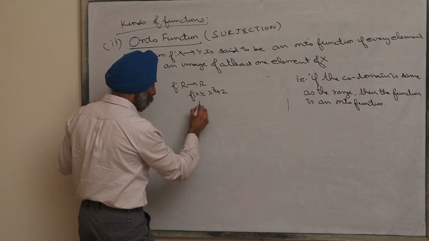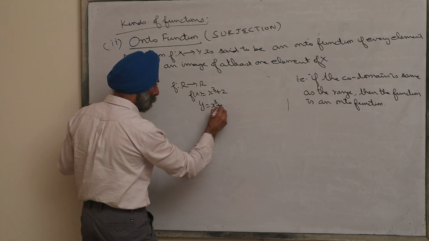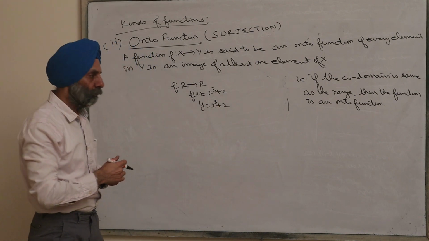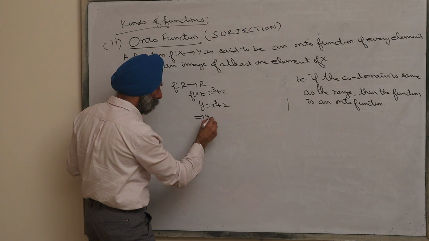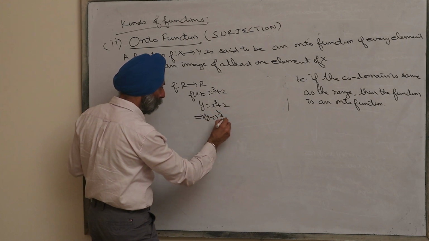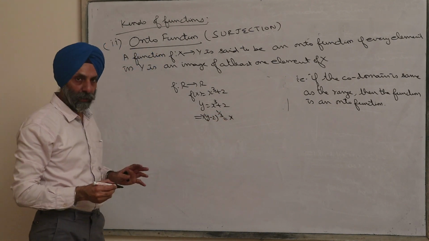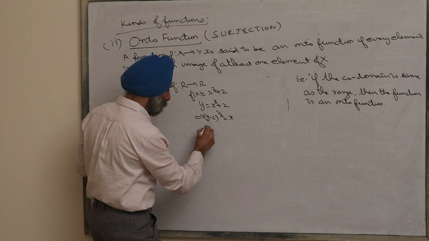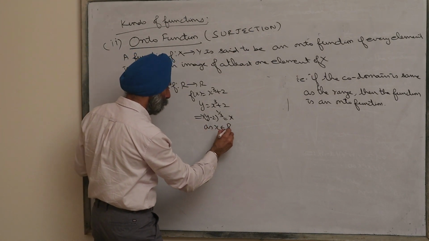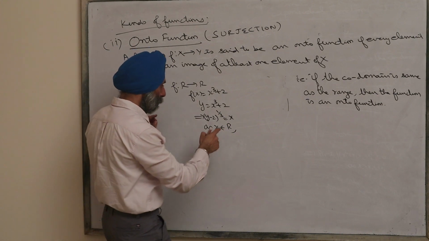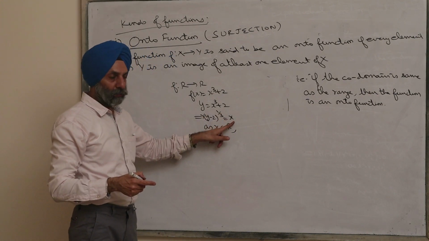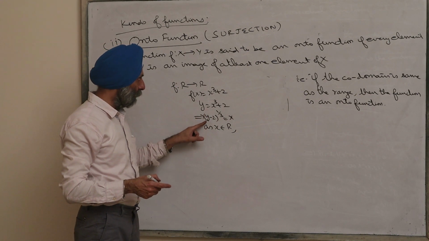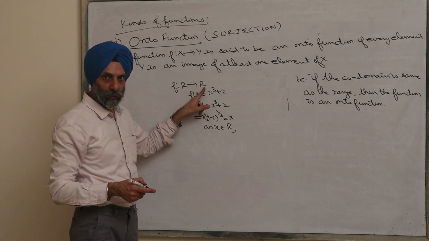Now you can see here we have y is equal to x cube plus 2. Now this implies (y minus 2) raised to power 1 over 3 is equal to x, as x belongs to R. So corresponding to every x belonging to R, there exists a value of y in the codomain.